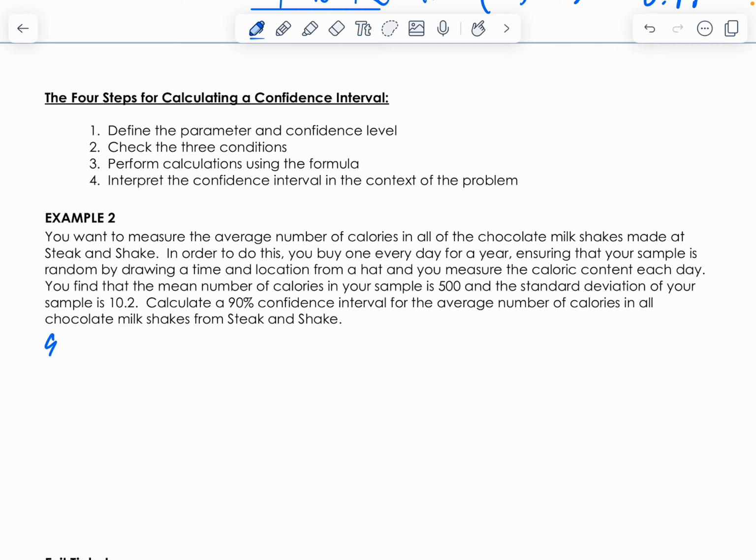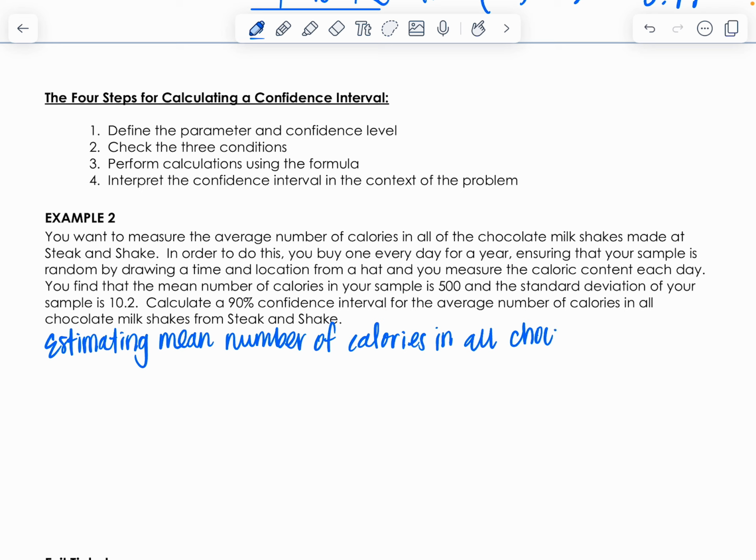So here we are estimating the mean number of calories in all chocolate milkshakes from Steak and Shake.